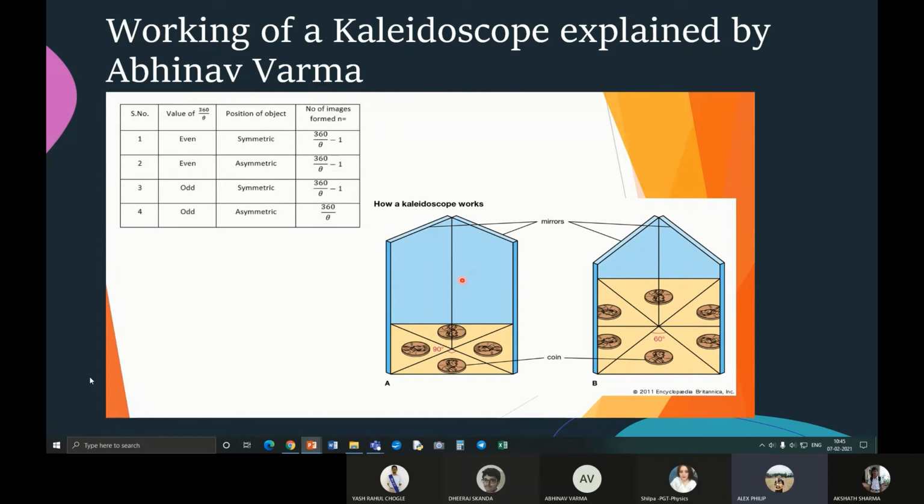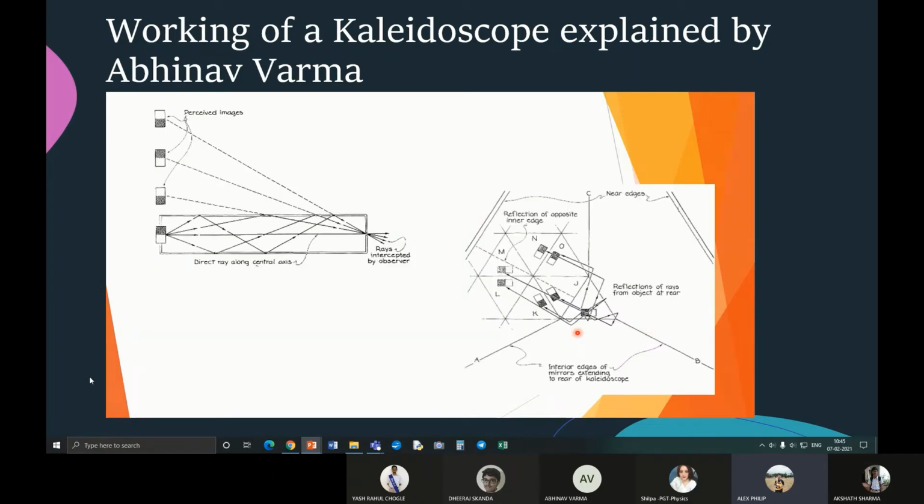Let's verify this. When you have your object, which is a coin, placed symmetric to both the mirrors, you end up getting your first image, second image, and your third image. So therefore this formula holds true, and it should also hold true in this case as well, where your theta is 60 degrees. Now we can move on to how the kaleidoscope actually works.